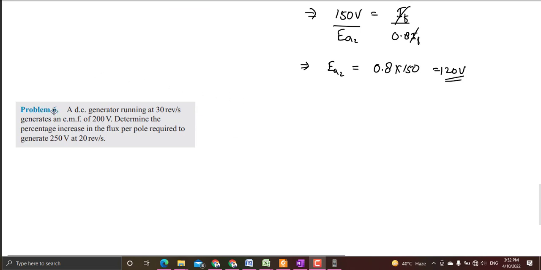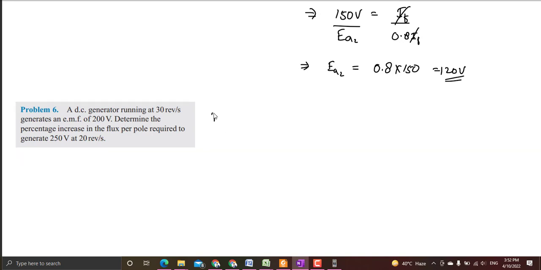Problem number 6. A DC generator is given and it is running at 30 revolutions per second. So N is given in revolutions per second, and it generates an EMF of 200 volt.